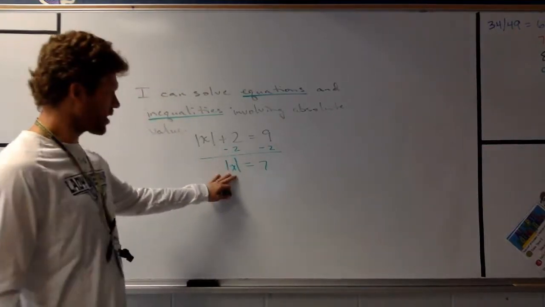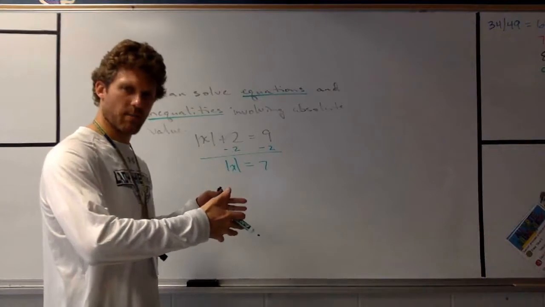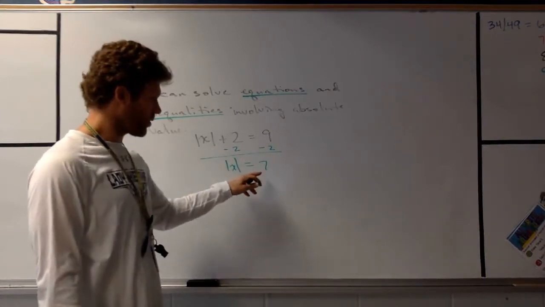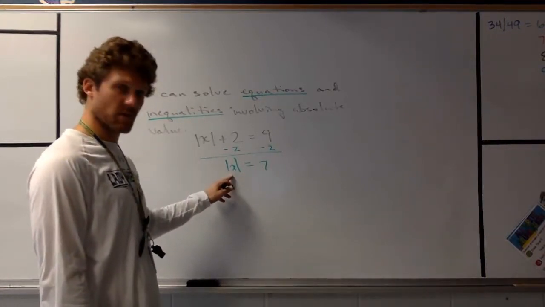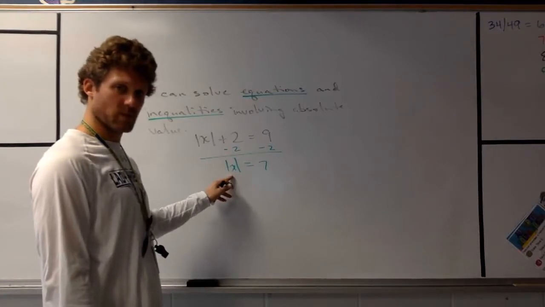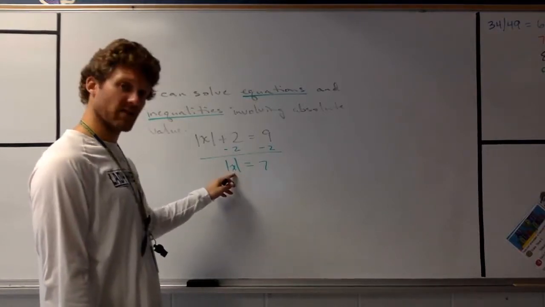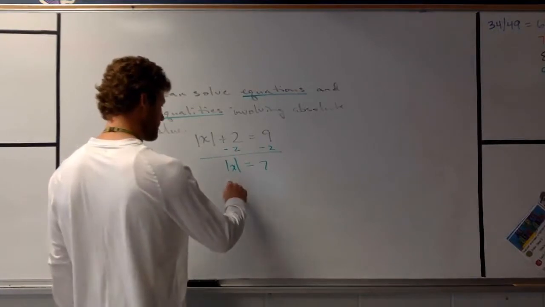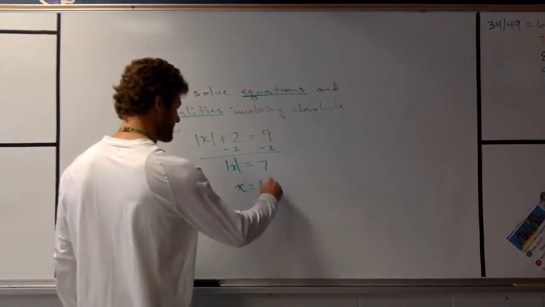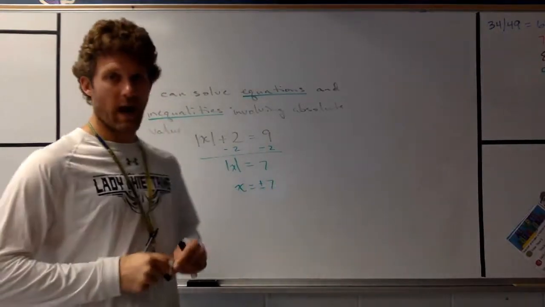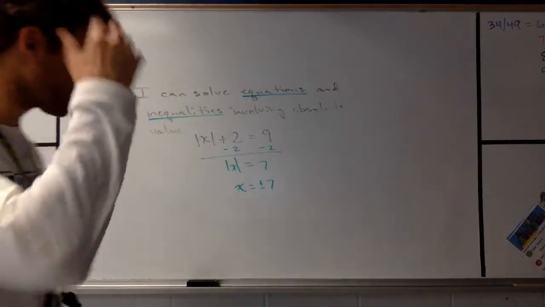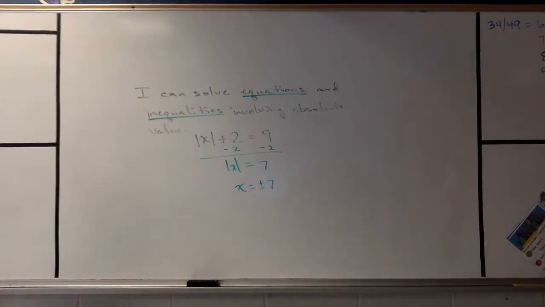And again, anything that goes in here, the bars are going to make it positive. So I can put positive 7 in there, bars make it positive, or I can put negative 7 in there. So long and short of it is x equals plus or minus 7. It can be positive or negative. Either one of those will go in there. The bars make it positive, and I have my solution.